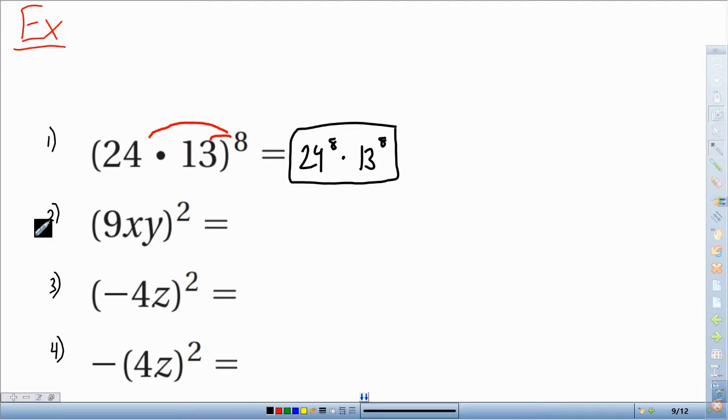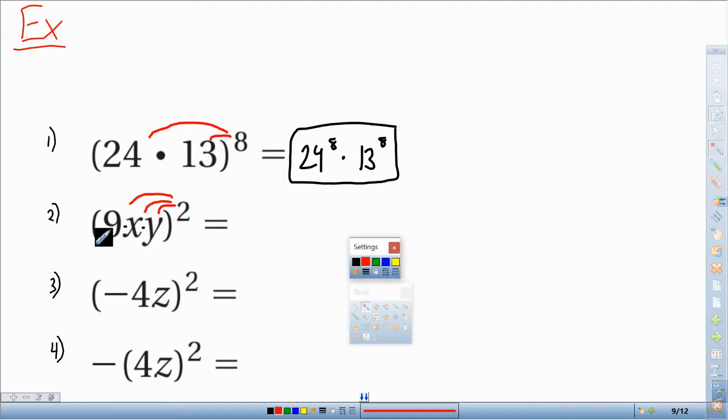Okay, let's take a look at number 2. Here's the big thing to realize. On number 2, we have 3 things being multiplied together inside of these parentheses. All 3 of these things are getting a power of 2 applied to them, if you want to show yourself that by doing the little lines.